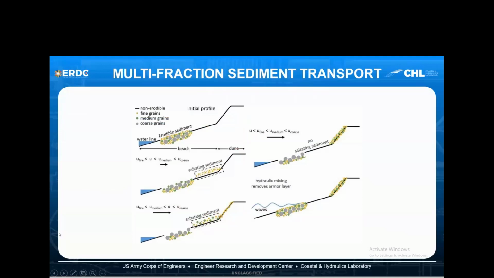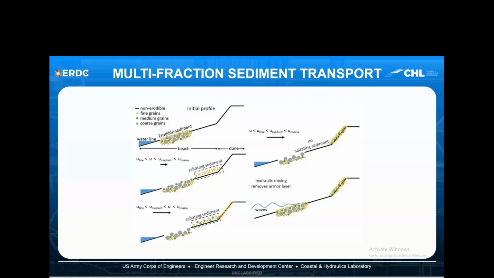Part of that is important because when we have these coarse lag deposits present on the beach, they do tend to reduce the amount of sediment that's available for Aeolian sediment transport, which can then limit the volume flux of sediment into the dunes. How this works is, when we have a wind speed that's able to pick up the smallest fines on the beach, but not able to get at the medium or the more coarse grain sediments, we're left with a beach that only has coarse grain sediments, and therefore we don't have sediment available to be transported.